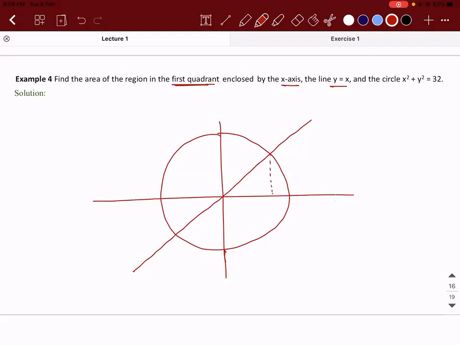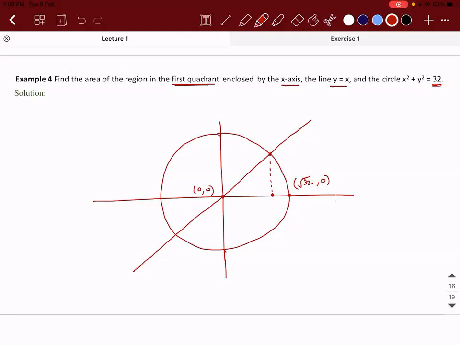If I drop a perpendicular here, then this point is 0, 0. This point is root 32, 0. So how did I get it as root 32? So this is a square. So I got it as root 32. Correct?